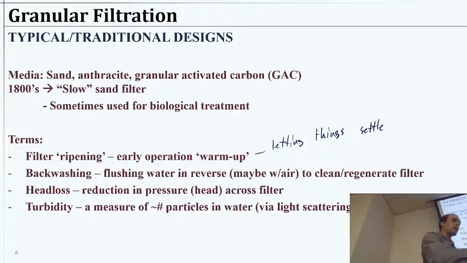So even in a bottle of water, right now my bottle of water here is not very turbid. You can see kind of directly through it. But if I make a lot of small bubbles, those bubbles are going to be, at least for a moment, causing some turbidity. They're scattering light. So if you've ever gotten water from a water fountain and there's like a million tiny little bubbles, it makes it look milky white.